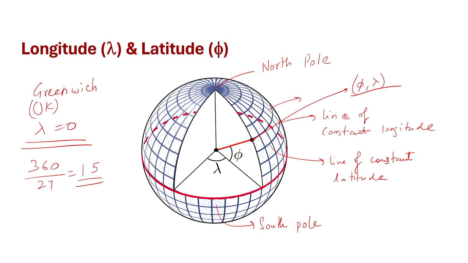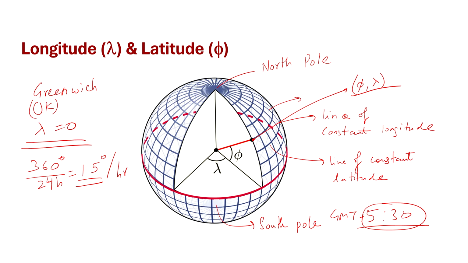So every hour there is a 15 degree rotation, 15 degrees per hour. India is GMT plus 5 hours 30 minutes, which means we can convert this time into degrees. So many degrees we are to the east of Greenwich.